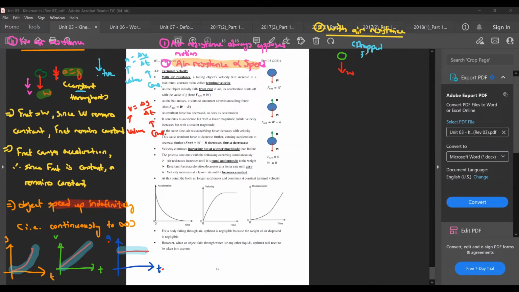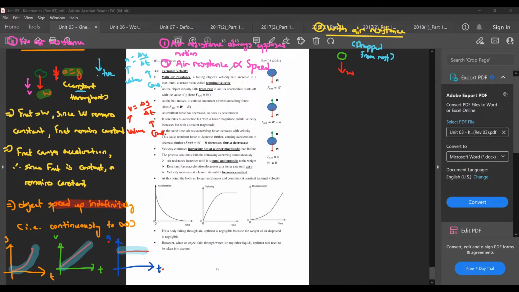Air resistance is proportional to speed. This symbol here is the proportionality sign, not the cross sign.